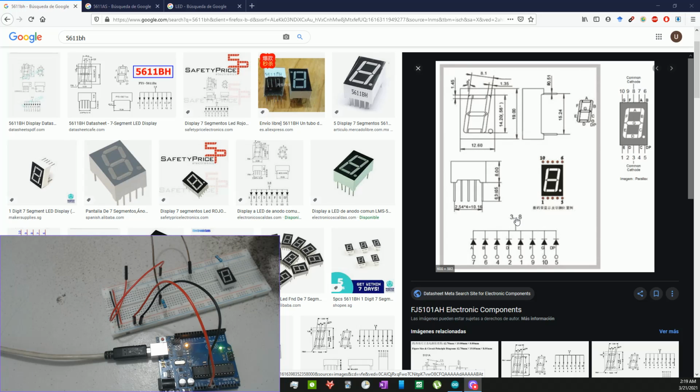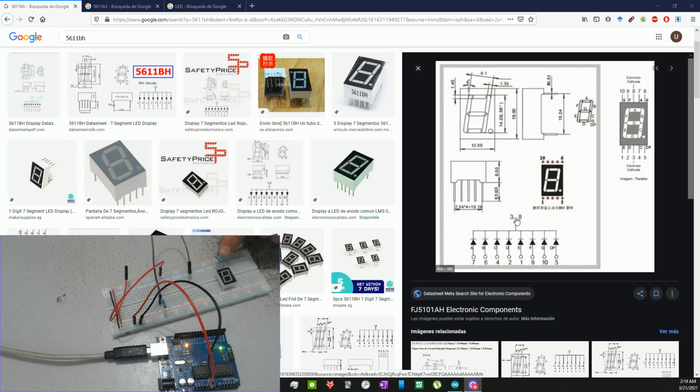It's going to work, but this is not correct, and this is not the efficient way for doing this. If we do the math, we may be able to identify that using only a 330 ohms in the common connection may spend more energy. Your circuit may spend more energy than the energy you need.